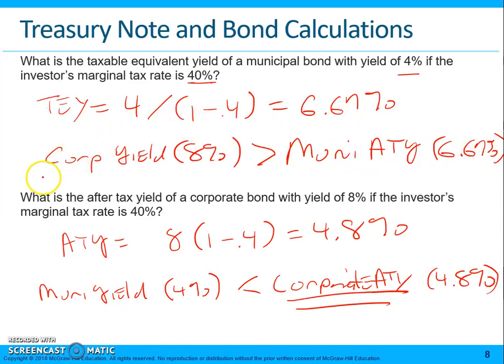So again, we prefer the corporate. So you can compare yields going either direction. You can convert to taxable, or you can convert to after tax. Either way is appropriate. But if you're comparing yields between taxable and tax exempt entrants, you do need to take this into consideration.